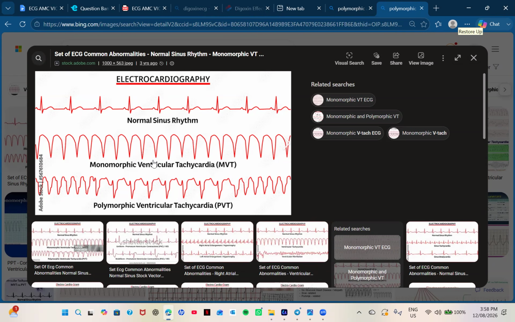If this polymorphic VT is associated with a prolonged QT, what do we call it? Polymorphic VT with prolonged QT is Torsades de pointes, right? That is very important.